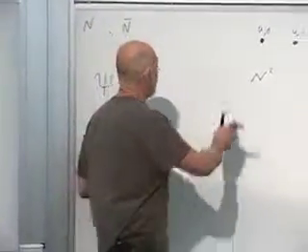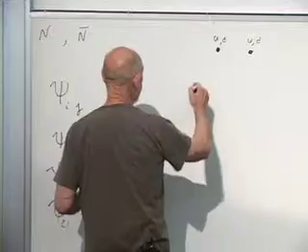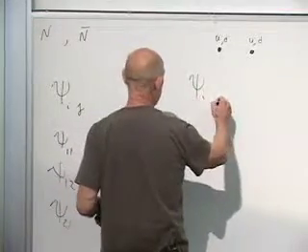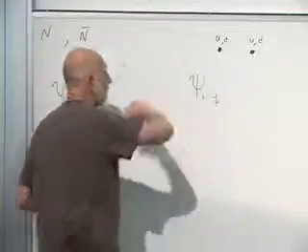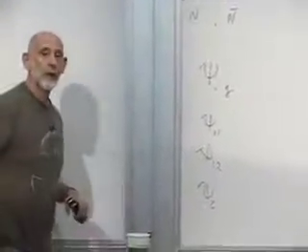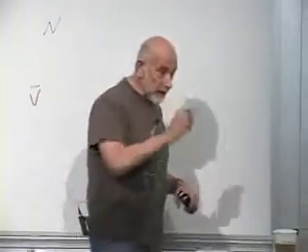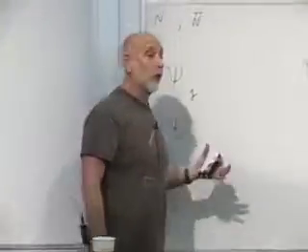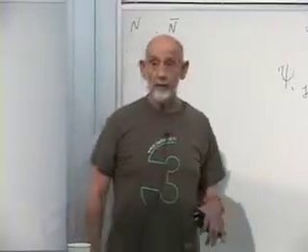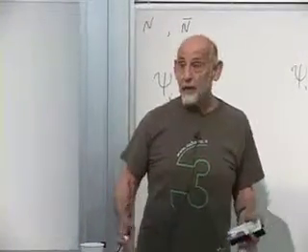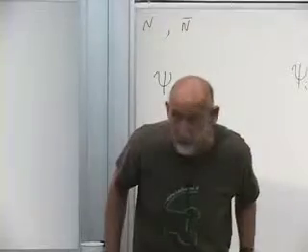How does one understand that from the point of view of psi ij? All right, so I'll tell you right now, psi ij, thought of as a function of 2 spins, can be either symmetric under interchange of i and j or antisymmetric. Of course, it could also be a linear combination of symmetric and antisymmetric.